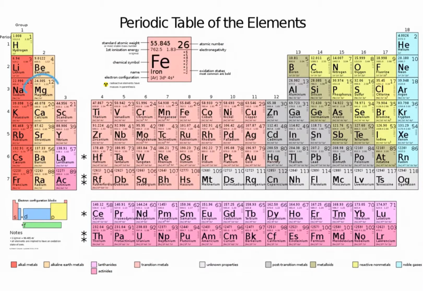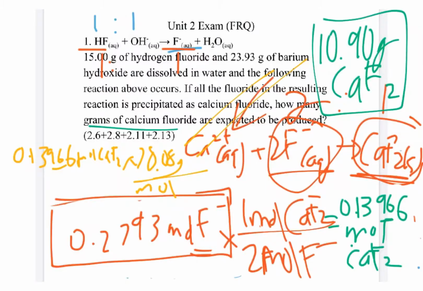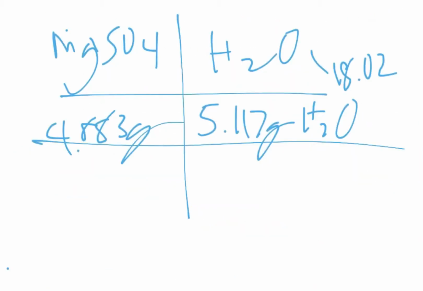Magnesium is right here, 24.31. Sulfate, well, sulfur is 32.06, and O4 is just 4 times 16.00. Add those up to get the molar mass of magnesium sulfate, so 24.31 plus 32.06 plus 4 times 16, and we get a molar mass of, I think, 120.37 grams per mole.